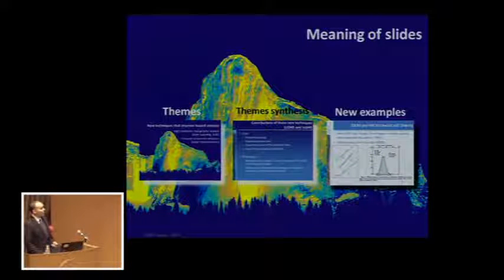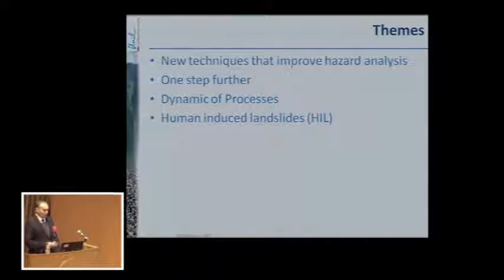Then you have some new examples, because during this presentation I will try to exemplify several of these new techniques and also what we can get from them. And the main point will be these themes, the new techniques that improve hazard analysis.